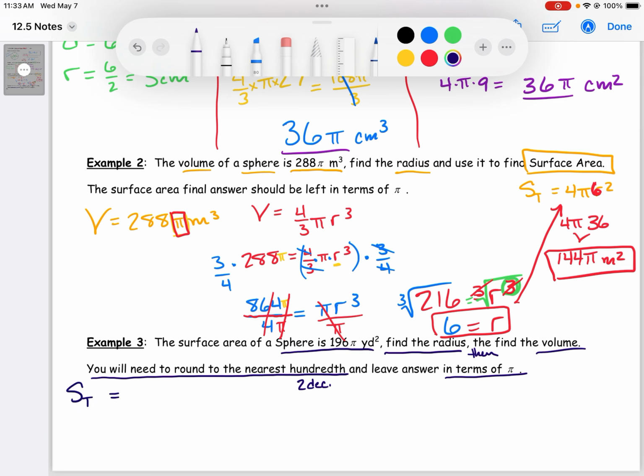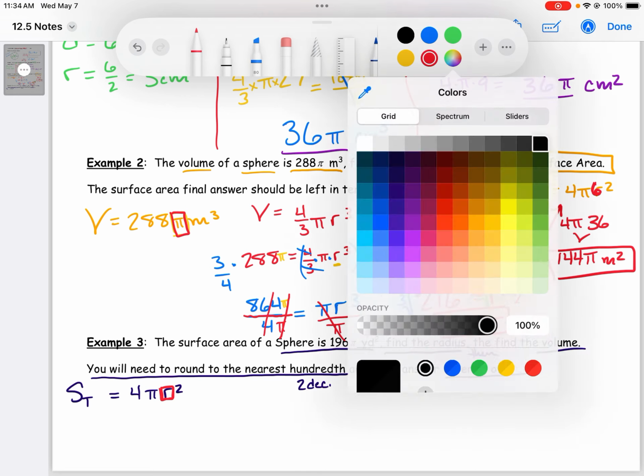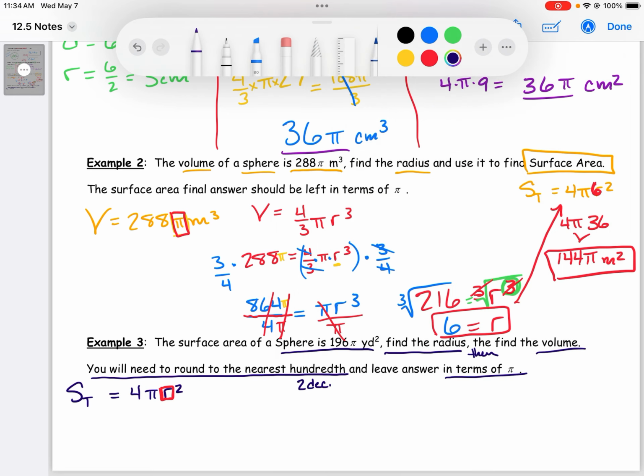So first thing we need to do is use the surface area to find the radius. Just like in our last problem, write the equation.